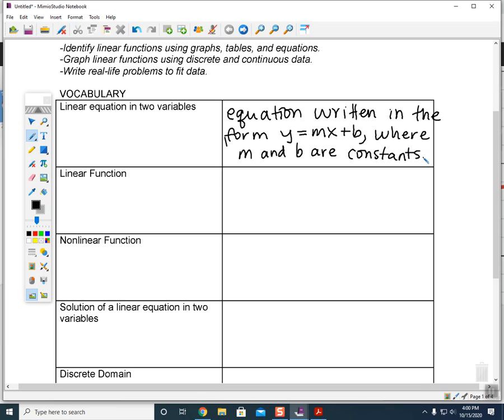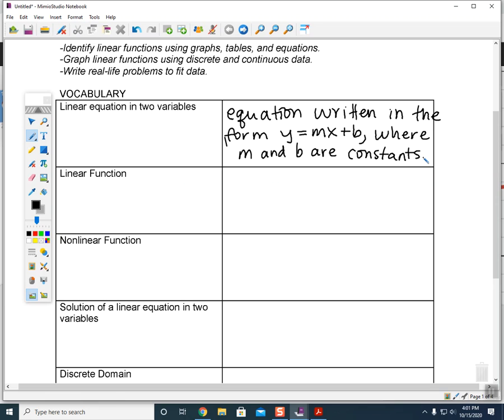You've probably seen this y equals mx plus b before. This is what we call slope, why am I forgetting this? Slope-intercept form. There we go. It's called slope-intercept form, where m is my slope and b is my y-intercept.